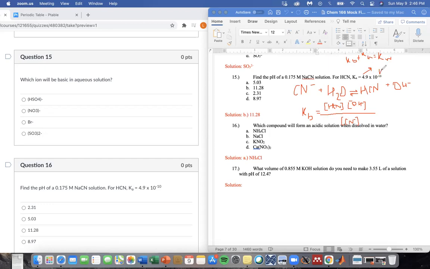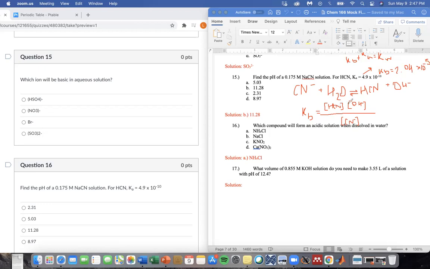When we do that, we get a Kb equal to 2.04 times 10 to the negative 5th.